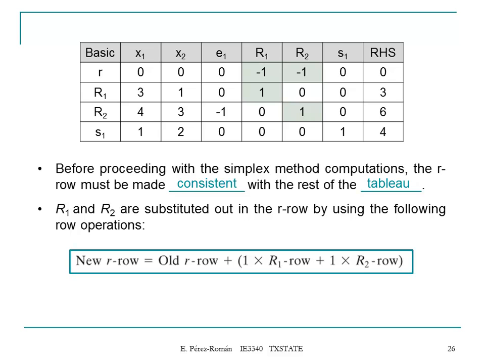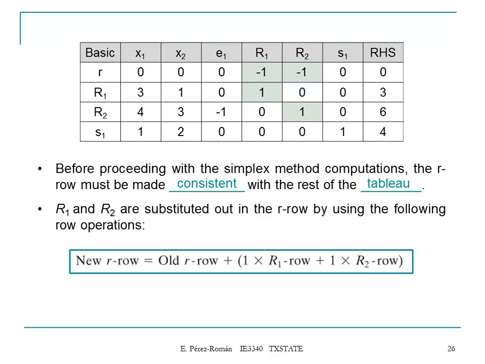That's the first thing you're going to do. So R1 and R2 are substituted out in the R row by using the following row operations. So what you're doing is just using, for this R1 minus 1, your first constraint row. You are multiplying this row times 1 and adding that row to your first row.